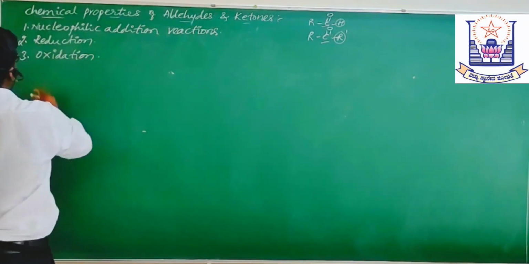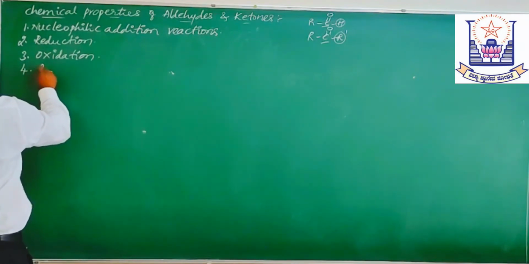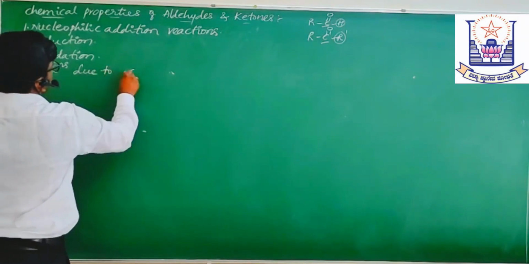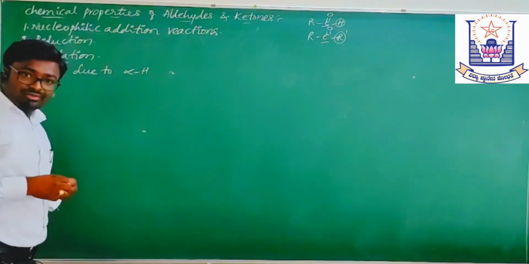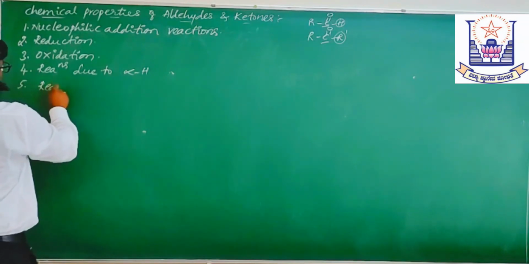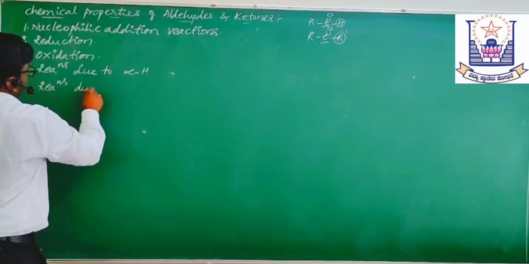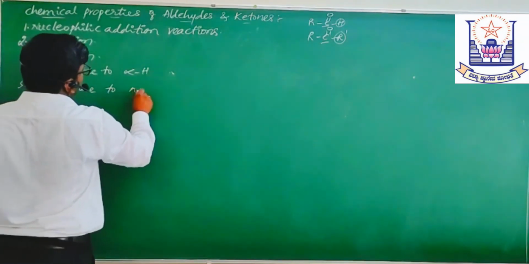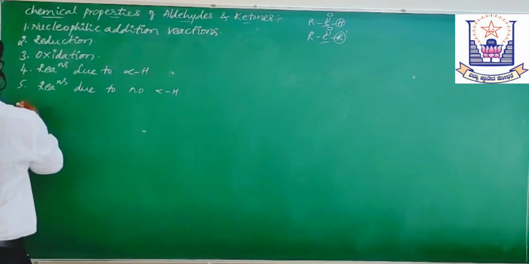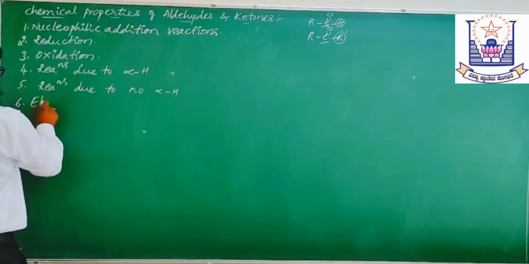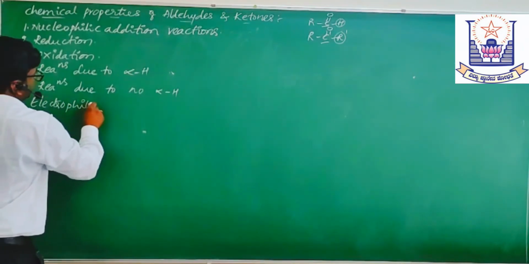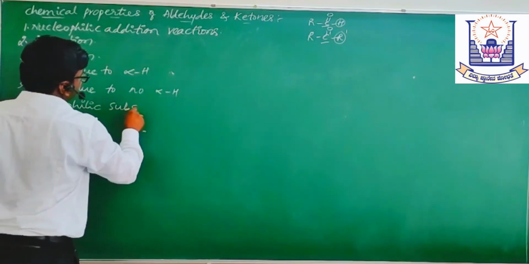The fourth one is reactions due to presence of alpha hydrogen, then reactions due to no alpha hydrogen. Then the sixth one is electrophilic substitution reactions.